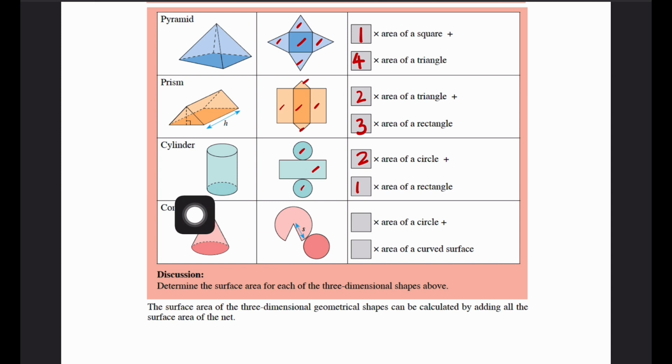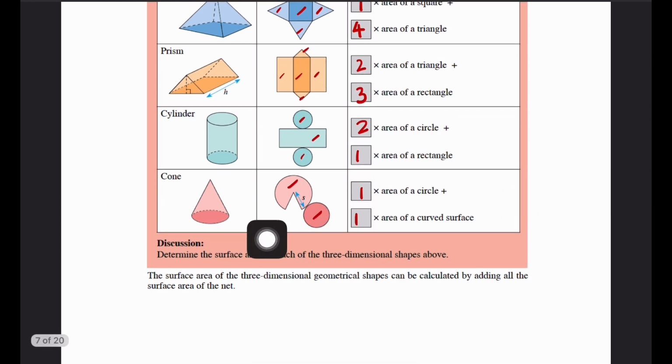Next, cone. When we want to see the net of the cone, it will look like this. So over here we have 1 area of a circle and 1 area of a curved surface.